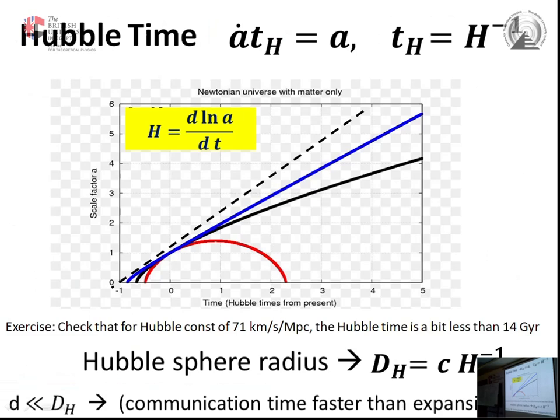And it turns out then that if I want my Newtonian, and this is called the Hubble sphere. Within this Hubble sphere, the communication time at the speed of light is much less than the characteristic time scale of expansion.